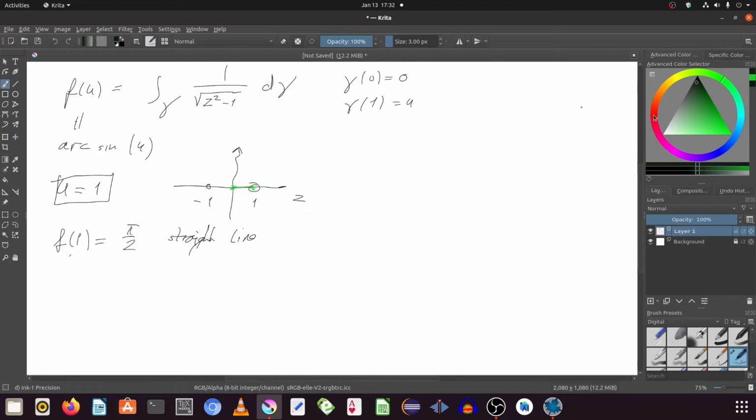Now, another way is moving around like this. Bang. Or just bang.